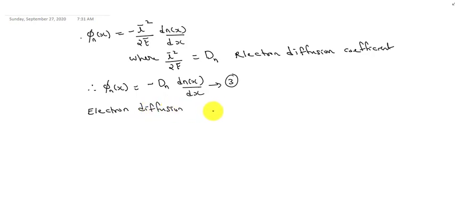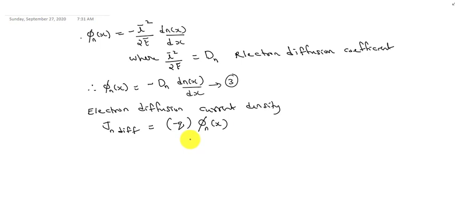We can define electron diffusion current density, that is Jn diffusion, as the charge of electron, that is minus q, multiplied with the electron flux density.